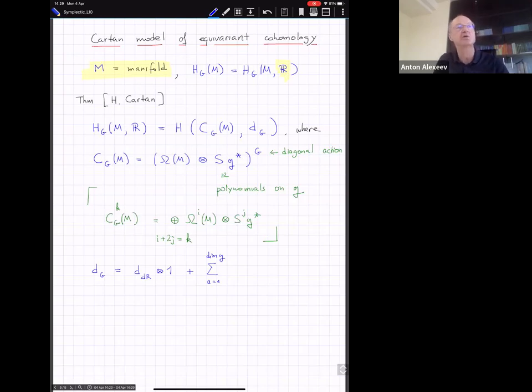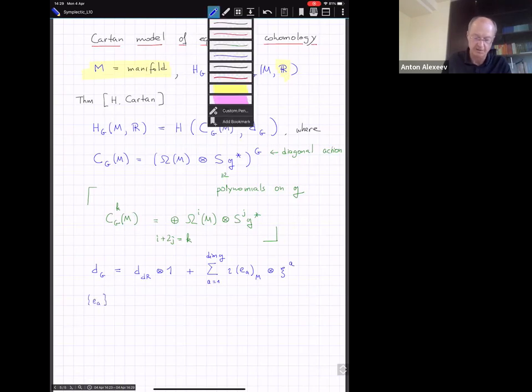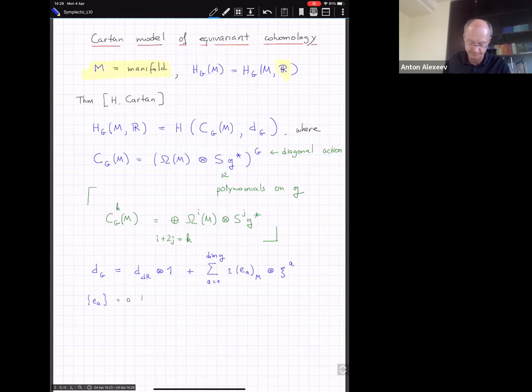It's an invariant object, but it's more convenient to write it down in terms of a basis. So here I decided to choose a basis, e_a, the basis in our Lie algebra g.